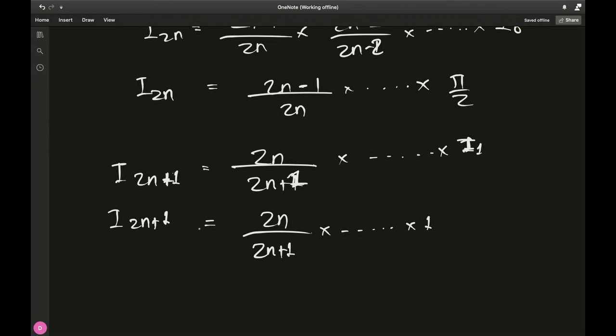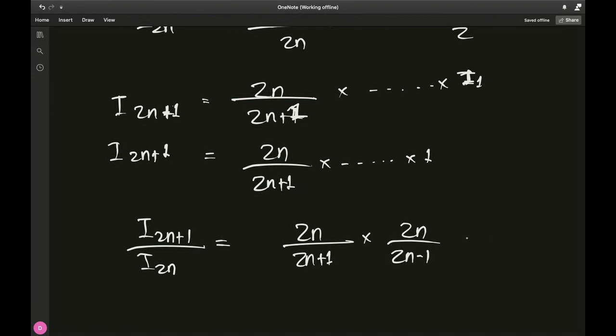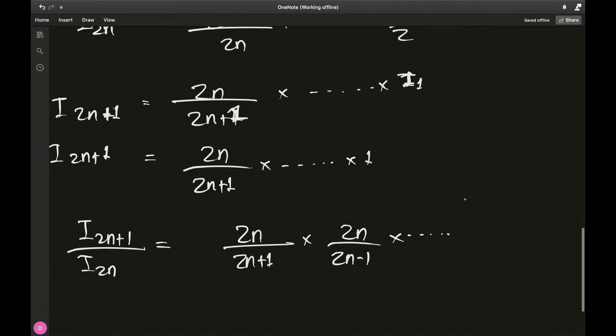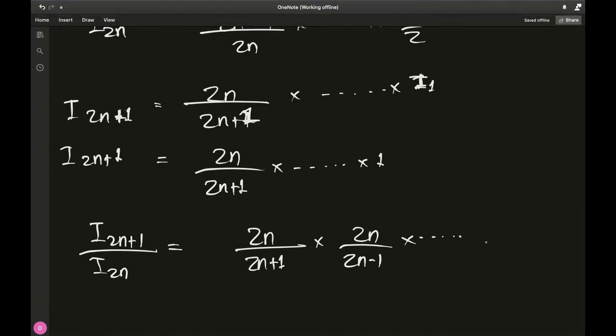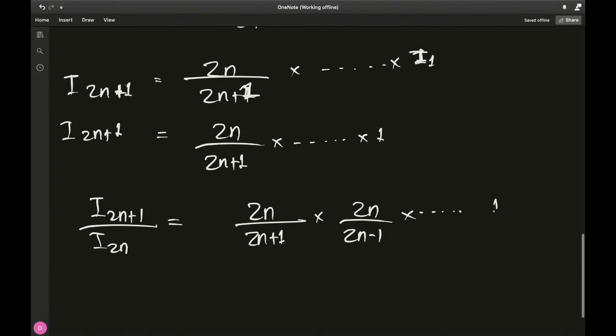Now what I'm going to do is divide I sub 2n plus 1 by I sub 2n. So that's like saying 2n over 2n plus 1 times 2n over 2n minus 1, going on till, well, let's see, in the numerator we have I sub 2n plus 1, so 1, and in the denominator pi over 2 because of I naught.